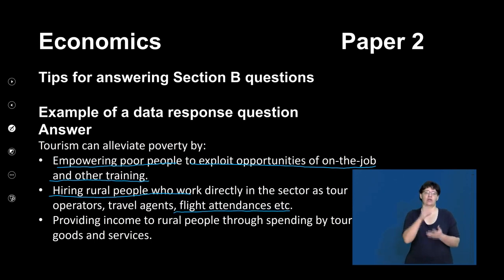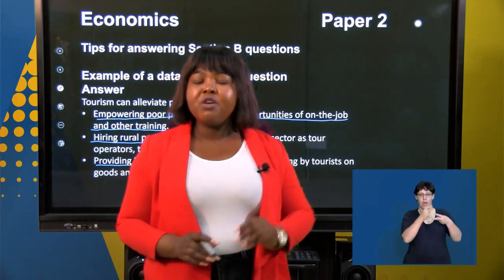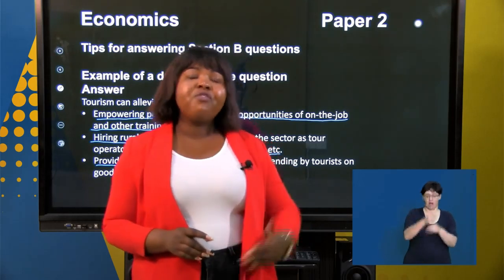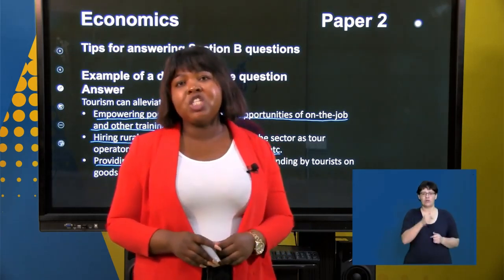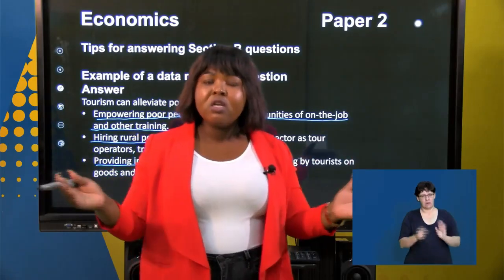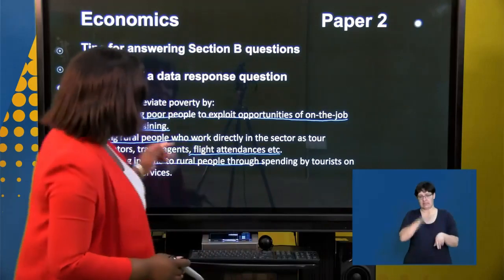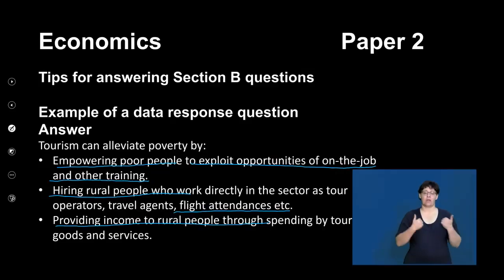You can also talk about providing income to rural people through spending by tourists on goods and services in the area. Remember, it's a 4-mark question, so you need to give a maximum of 2 points. You get no marks for over answering. Even if you know 10 points, you are not going to get 10 marks for stating 10 points. Stick to the 2 that are required in this particular question.